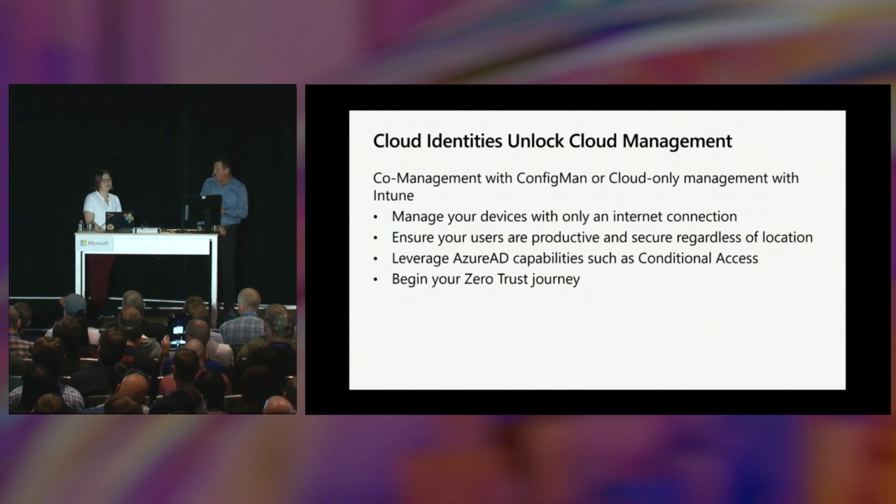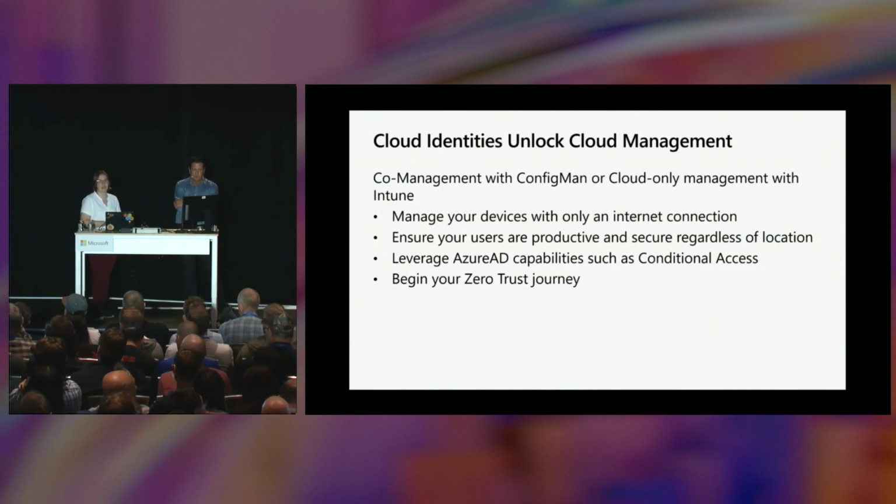I'll take it. So as we said, the benefit of having a cloud identity is that it allows us to unlock cloud management, whether that is through co-management, where we still have some of our workloads on-prem managed by our config man server, or we're able to take advantage of Intune only and use Intune for our management, whether that's configuration policies, compliance policies, update for business, whatever workloads we need to move, we have the ability to manage our devices with Intune.